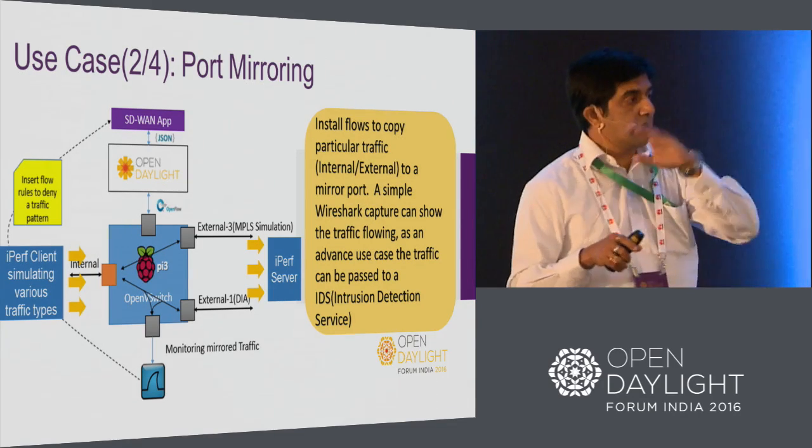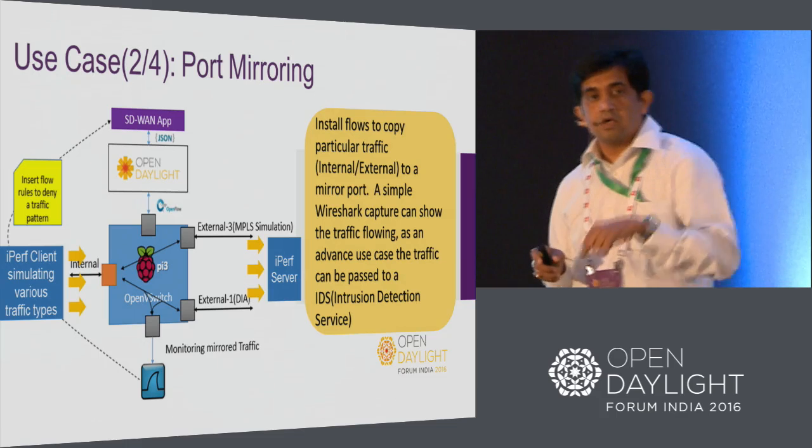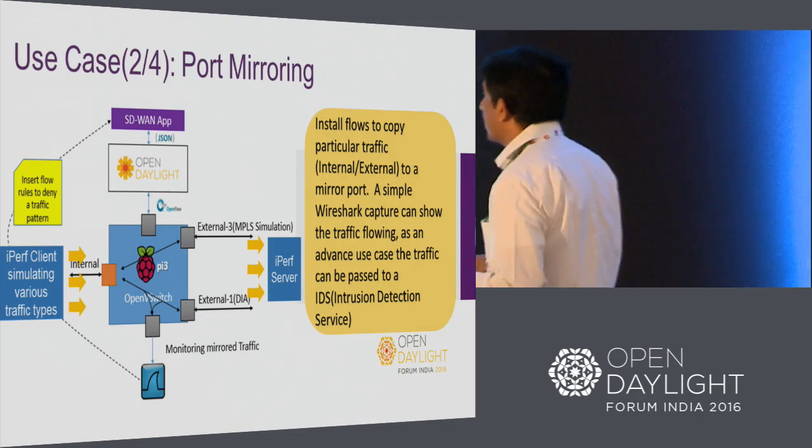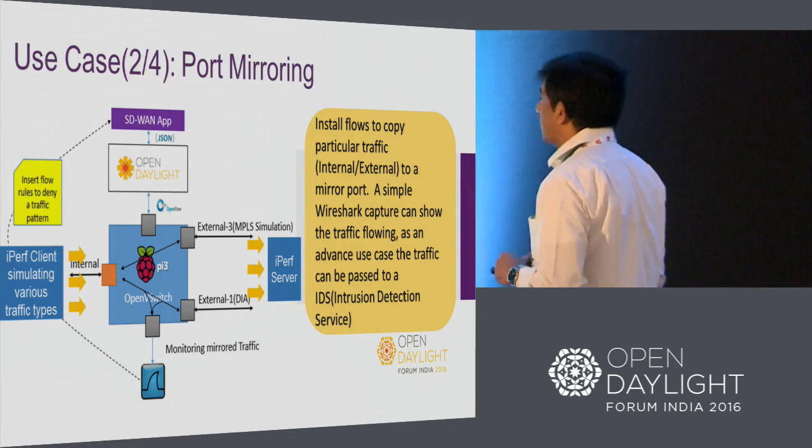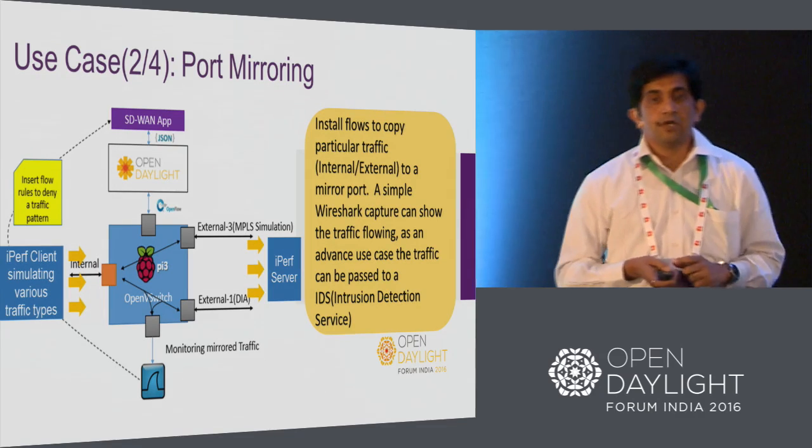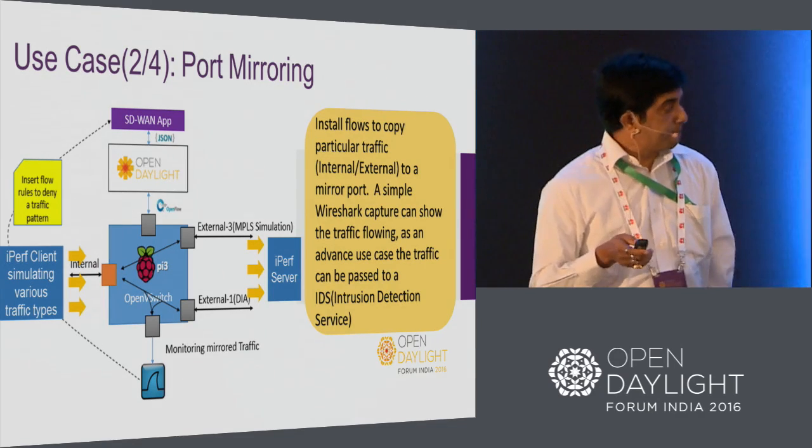So you see it in Wireshark, and if you're really interested to stop that traffic, or maybe you do not want to mirror it, you can do all such configuration using this app.